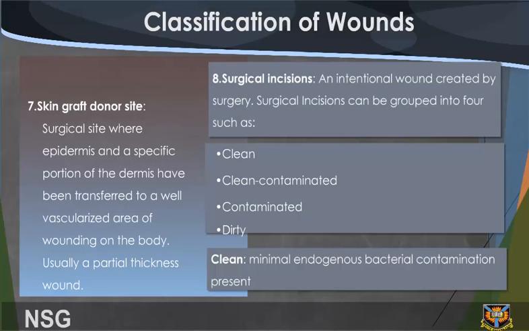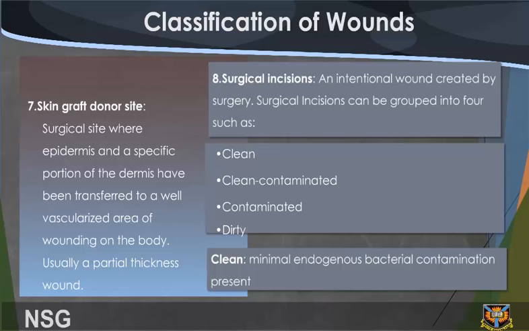Skin graft donor site. Surgical sites where epidermis and a specific portion of the dermis have been transferred to a well-vascularized area of wounding on the body, usually a partial thickness wound.